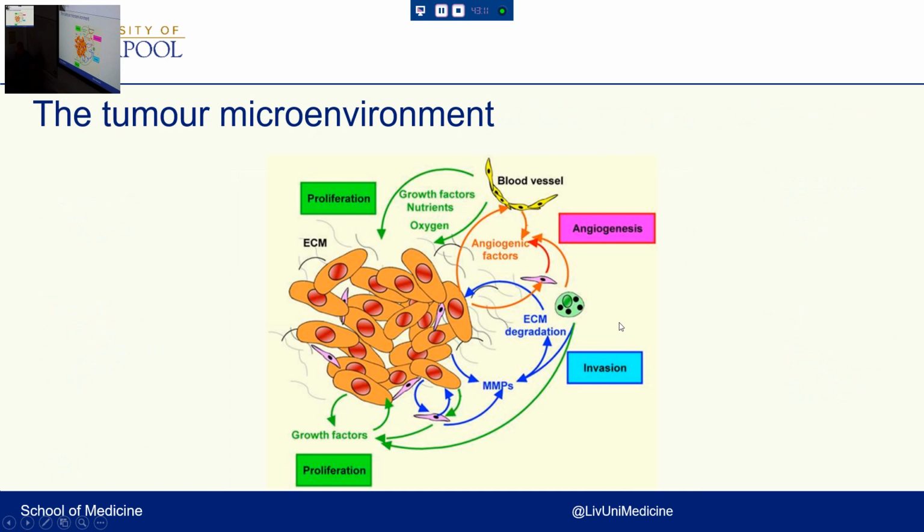So that does bring us to the tumor microenvironment in head and neck cancer. We've talked largely about the genetic features of the cancer cells, but a lot of the progression of head and neck cancer is driven from the tumor microenvironment. That includes the group of cells you can see.